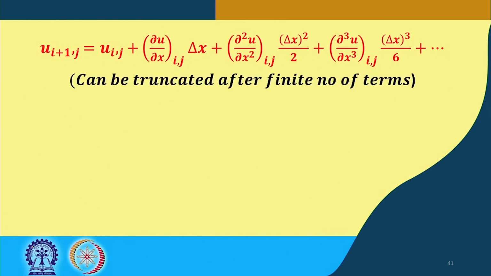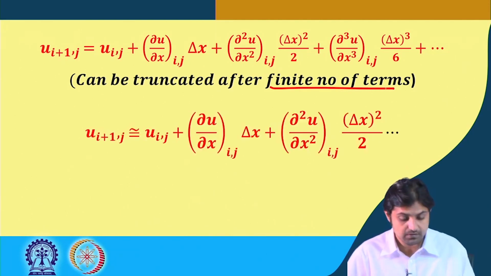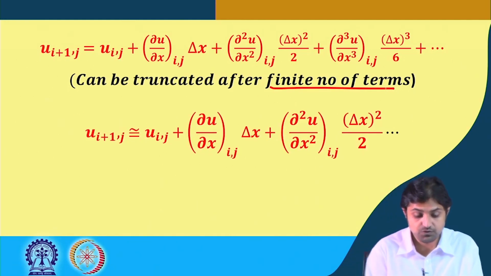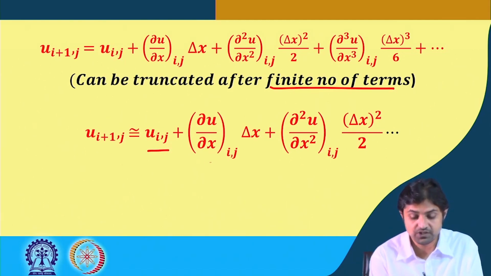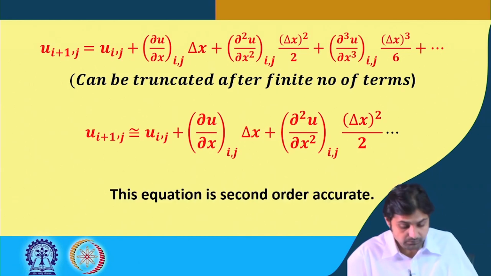This actually can be truncated after a finite number of terms. We can decide 3 terms or 4 terms or 5 terms. So, we have decided to truncate it after 3 terms. So, u i plus 1,j can be written as u i,j plus del u by del x multiplied by delta x plus del square u by del x square into delta x square by 2, and both of these terms are evaluated at i,j.